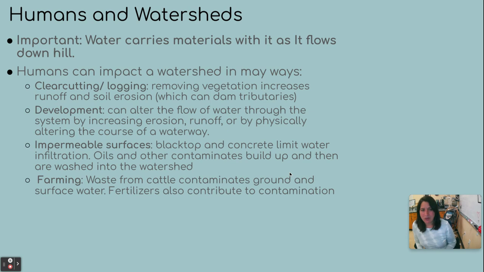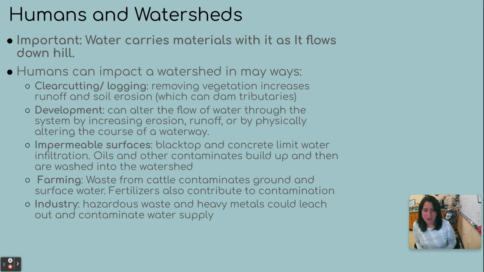Farming: waste from cattle contaminates the ground and surface water, which can be a big problem. It can introduce a lot of bacteria and a lot of nutrients into watersheds, which can cause something called eutrophication. Fertilizers also contribute to contamination, and we'll talk about what some of the issues are that can lead to.